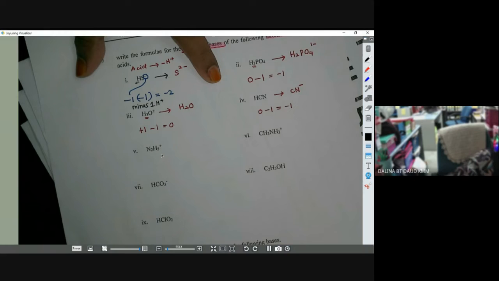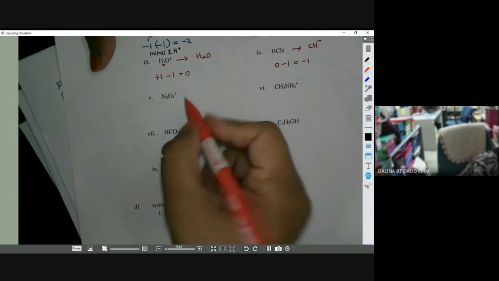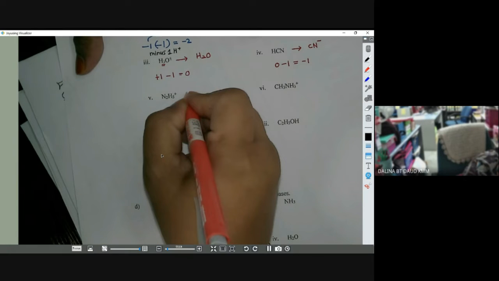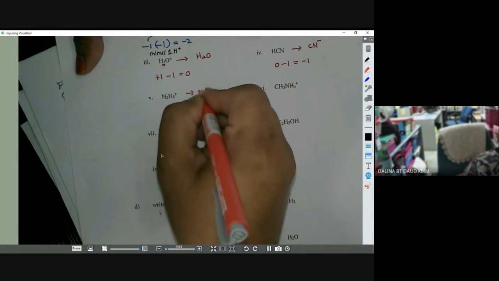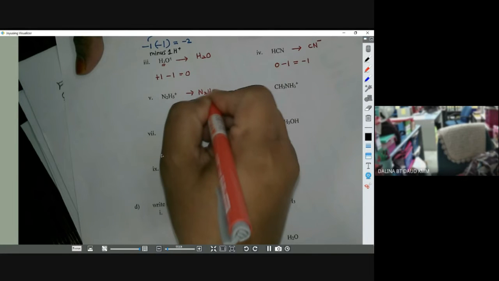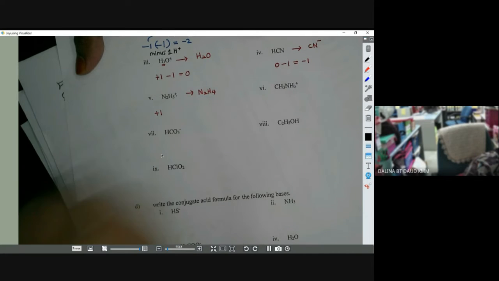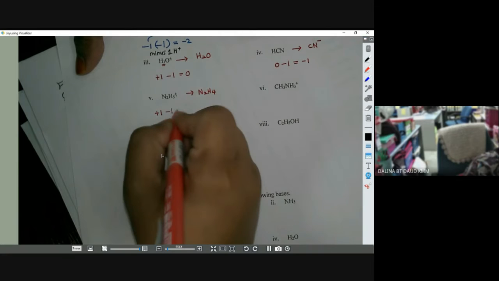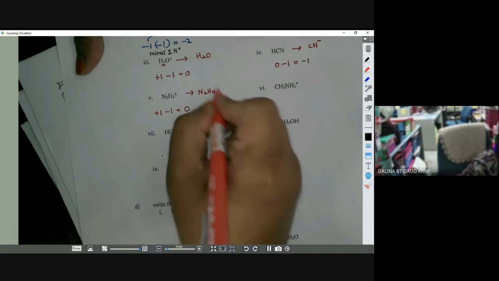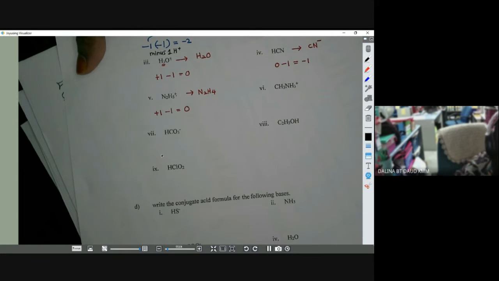CN negative. Okay, here we have more hydrogen here. So it will become N2H4. So we have +1 from the initial charge, -1, so equal to 0. So this actually neutral molecule, N2H4. Ini penting bila you nak buat equation nanti.